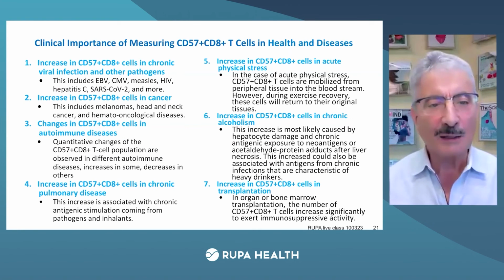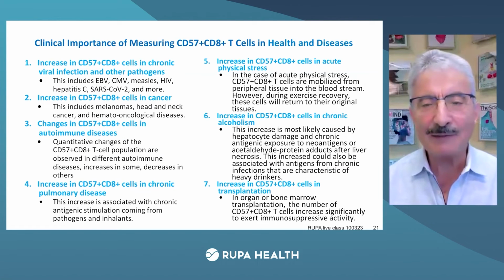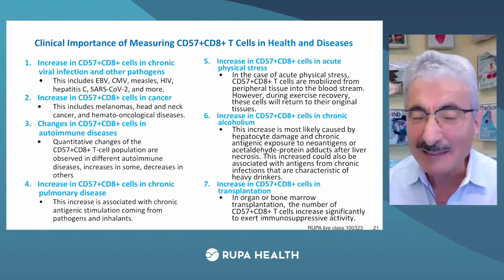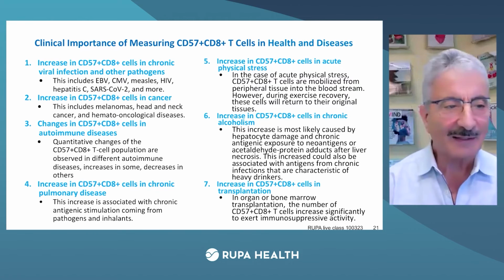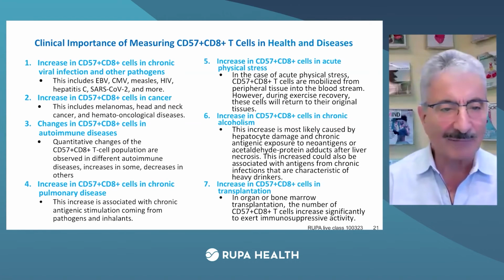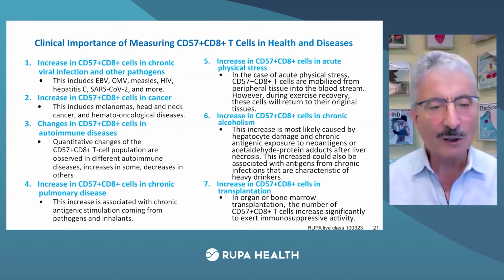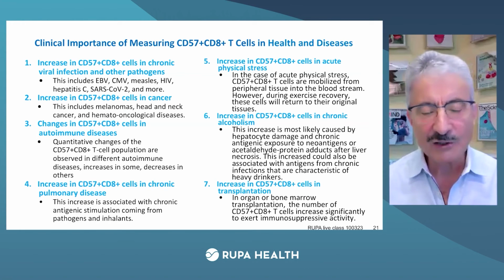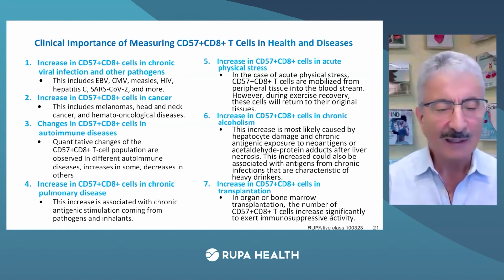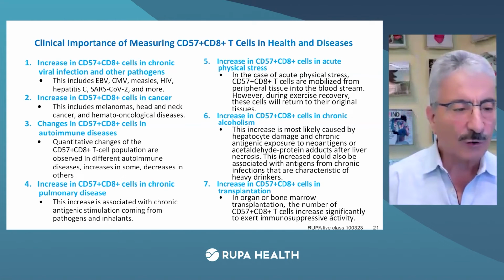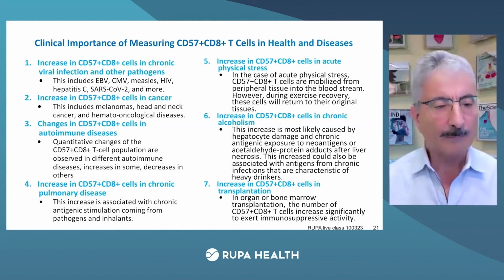What is the clinical importance of measuring CD57 positive, CD8 positive T cells in health and diseases? Because an increase in the number of CD57, CD8 positive cells is found in chronic viral infection and other pathogens, including EBV, CMV, herpes type 6, SARS-CoV-2, and many more.